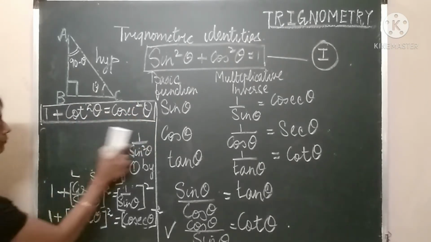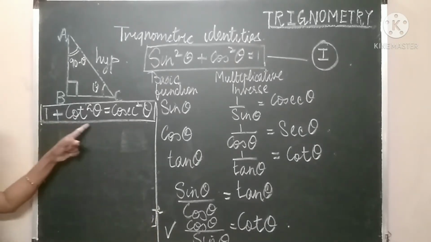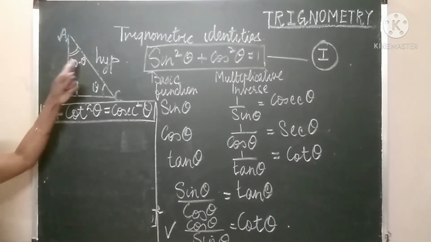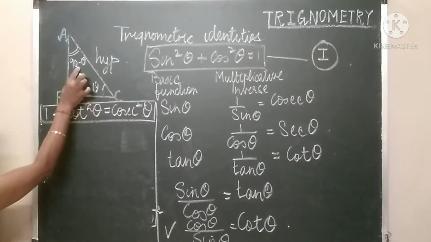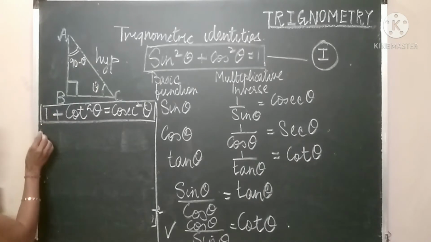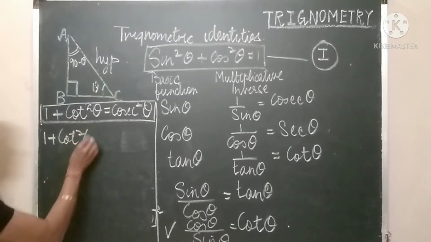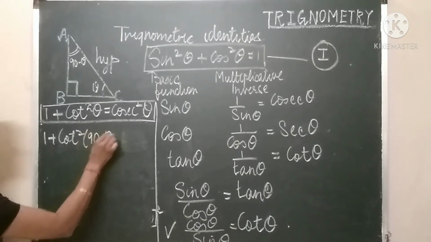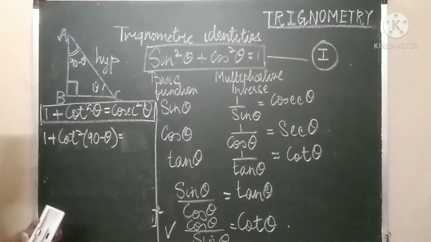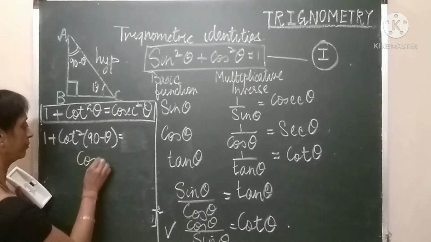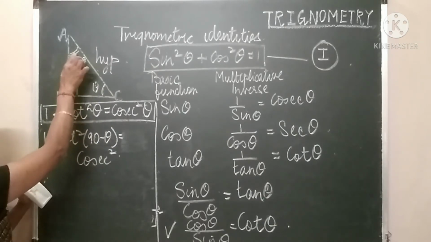If you want to apply it for the other acute angle in the right angle triangle, then instead of theta what will you substitute? 90 minus theta, that is 1 plus cot square of 90 minus theta is equal to cosec square of 90 minus theta, the other acute angle.